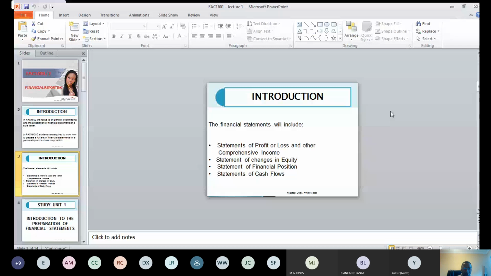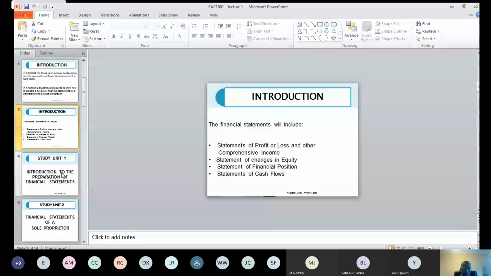So your financial statements will include the statement of profit and loss and other comprehensive income, statement of changes in equity, statement of financial position, as well as your cash flow statement. And the course, as you may see, is called Financial Reporting. So 75% of your exam is focusing on financial statements. Absolutely important.